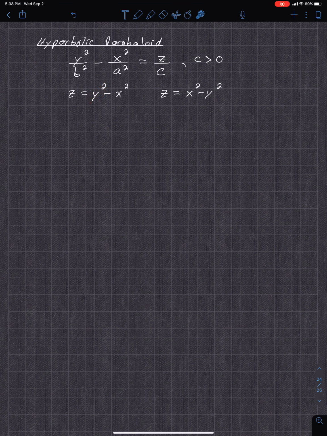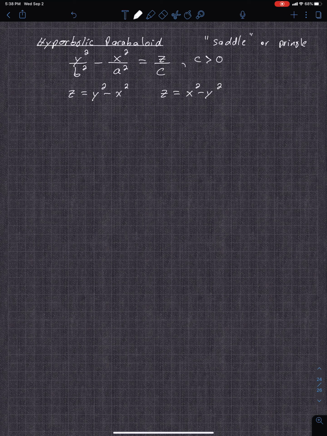So they basically shift in different ways. So picture a Pringle, right? How the shape of that goes. It's a saddle, or a Pringle, is what we say.